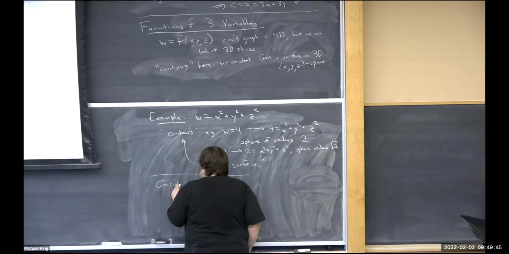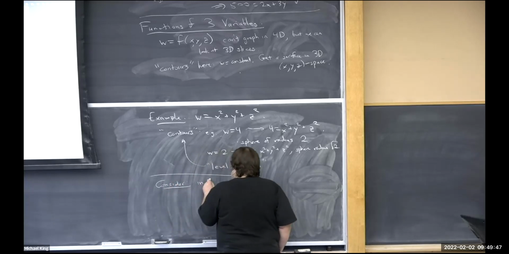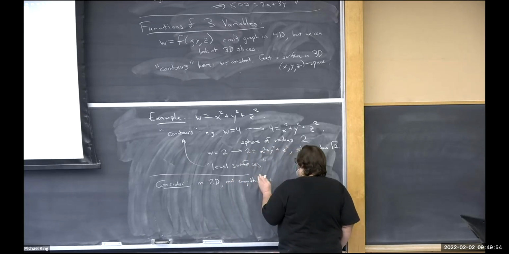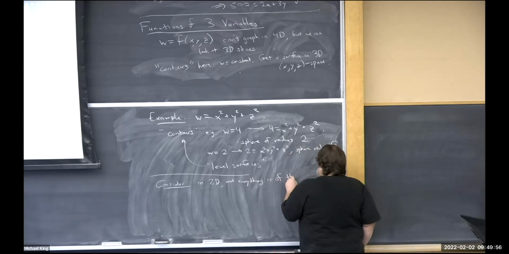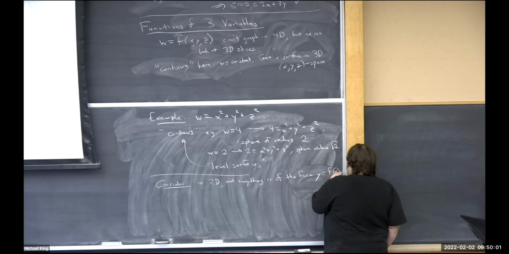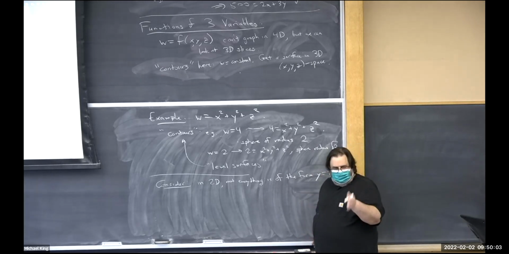So consider, in 2D, not every curve is of the form y equals f of x. That's only if it satisfies the vertical line test.